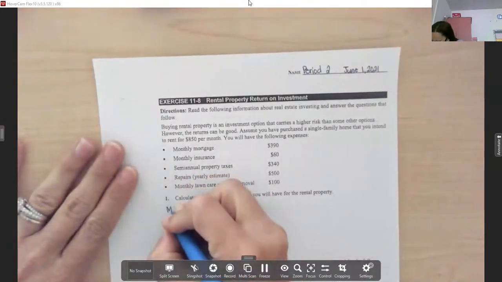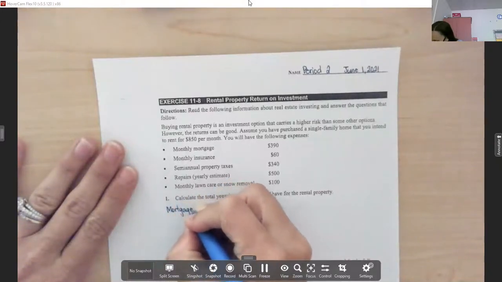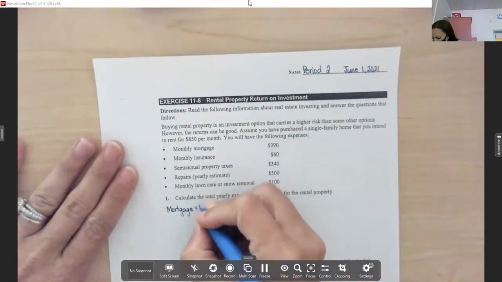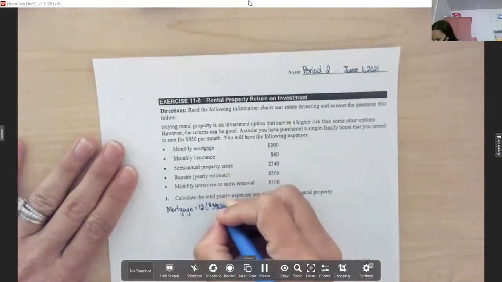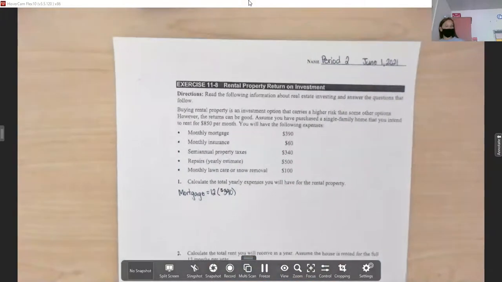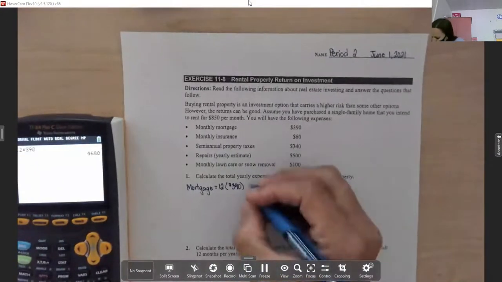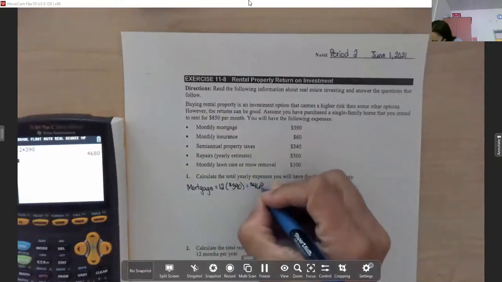So your mortgage, I'm just going to list all of these. If we want the yearly expenses, we have to take this $390 and multiply by 12, because it tells you the monthly mortgage is $390. So that's going to be $4,680.